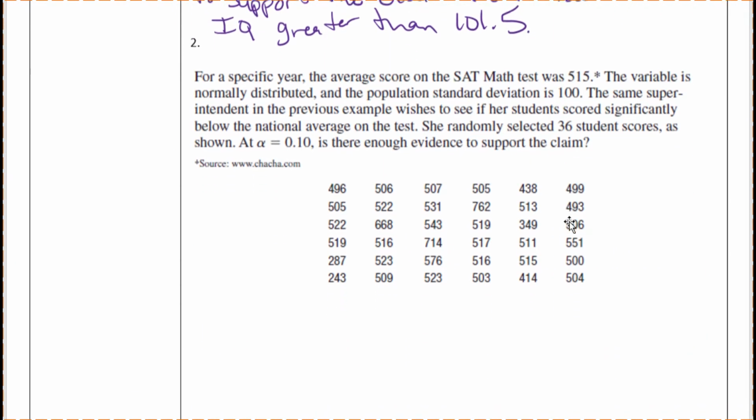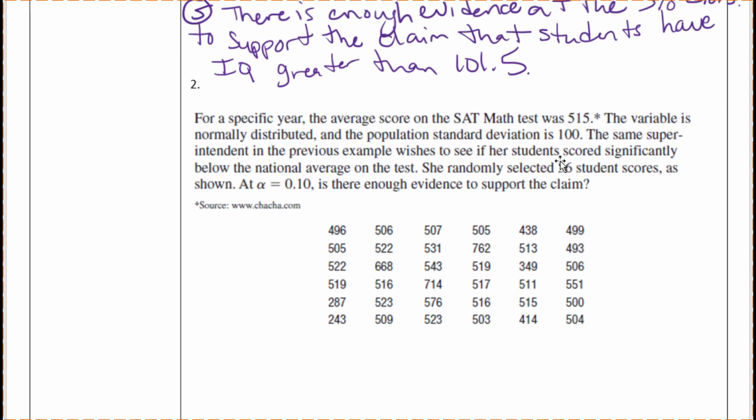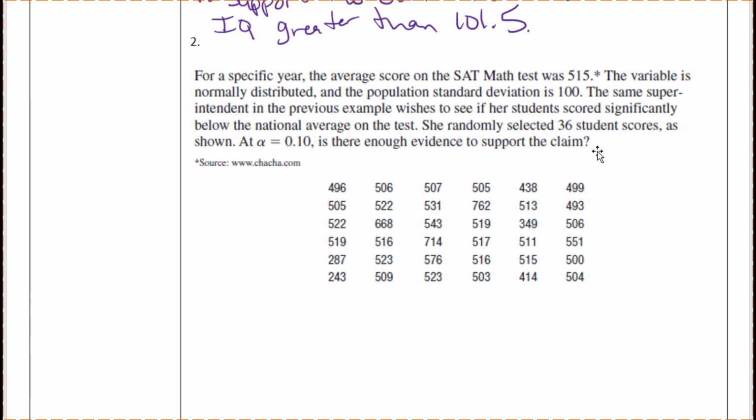All right, so let's look at another example. This particular problem has a bunch of numbers that we're going to be using to actually make the calculation. With number one, they didn't give us any data to make any calculations, and in number two, they're actually giving us the data, and we have to use it in order to find the average.